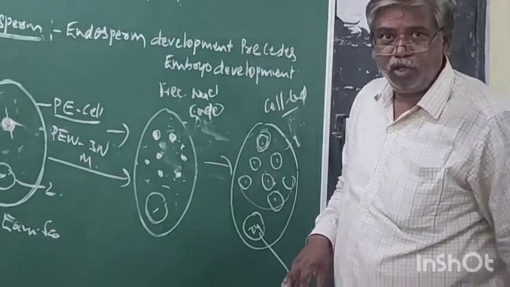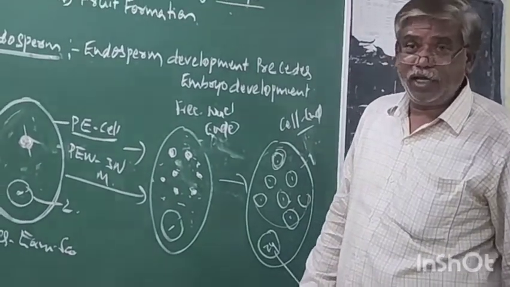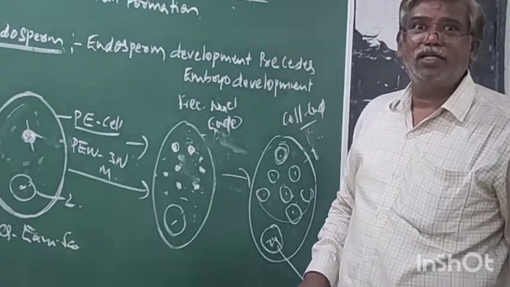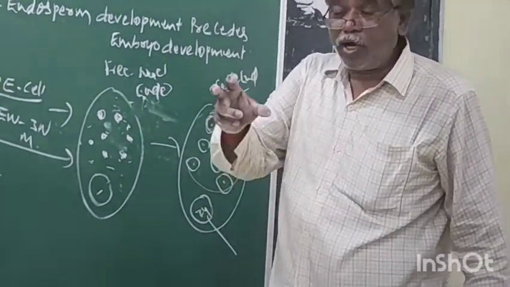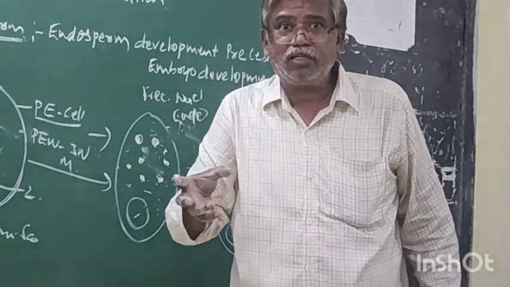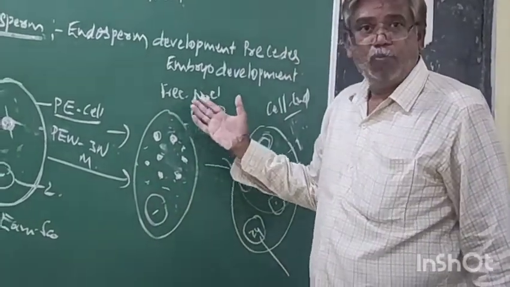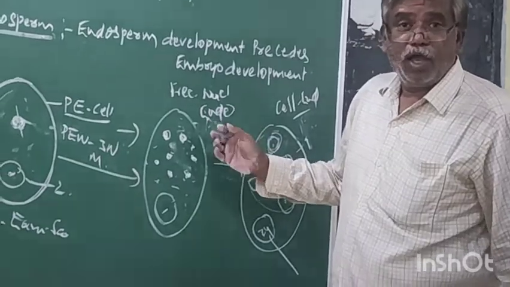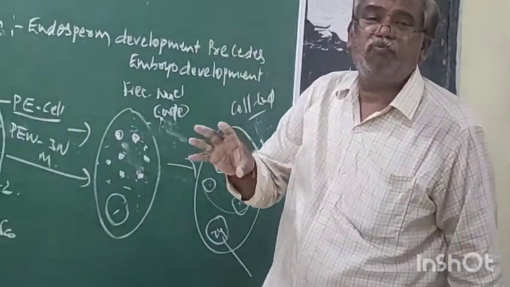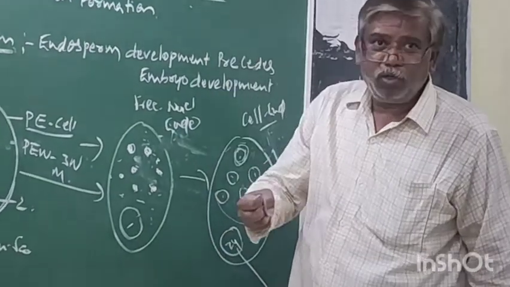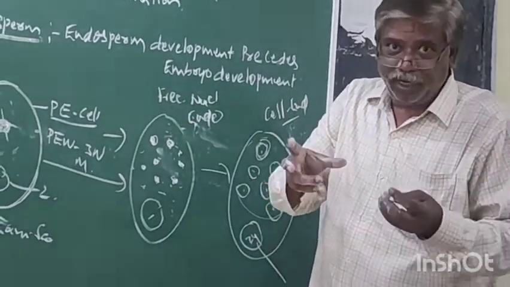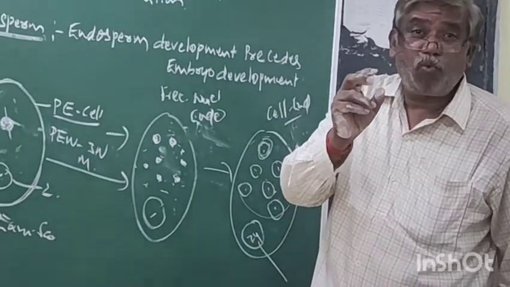For example, in our daily life, take a tender coconut. Coconut water is an example for pre-nuclear endosperm. If you leave the tender coconut on the plant for one month, when you take the coconut and break it, you will get some white kernel.